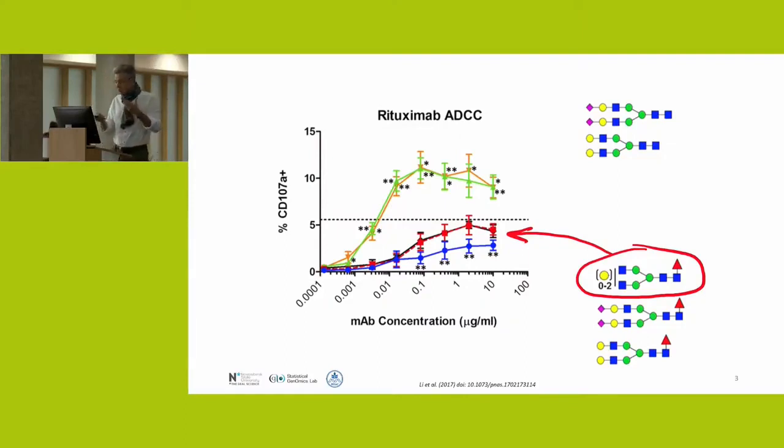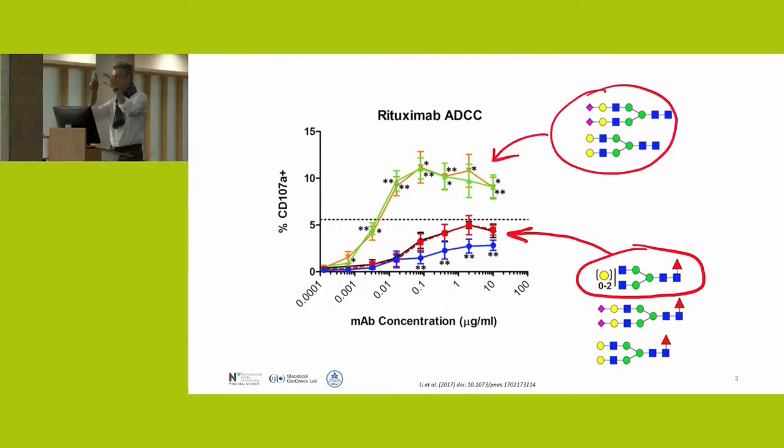And then if you change glycosylation, essentially you fix it and you remove this core fucose, this red triangle, towards the right side, right? You can induce the effect at much smaller concentration and actually can induce a much bigger effect. Just imagine this is a difference of 3 orders of magnitude. So think of this.